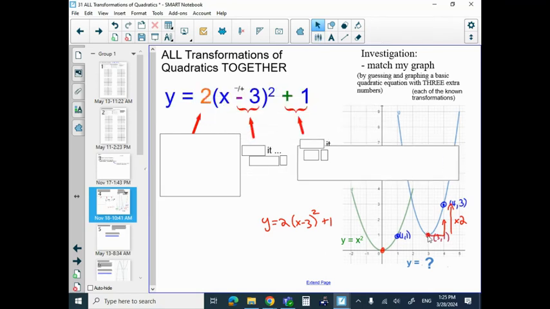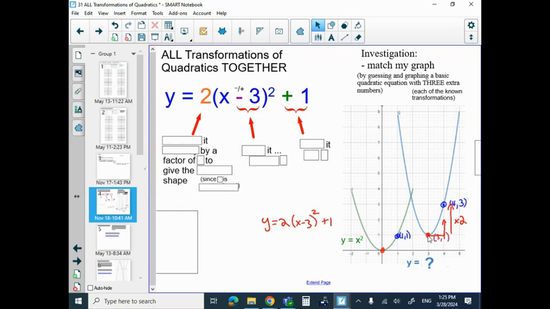So there's all that stuff that we just sort of reasoned out, right? So noticing that it's stretched vertically by a factor of 2 to give it the taller shape. So a is greater than 1, I put in, so you know it's stretching, but more specifically, the specific amount it's stretched by.